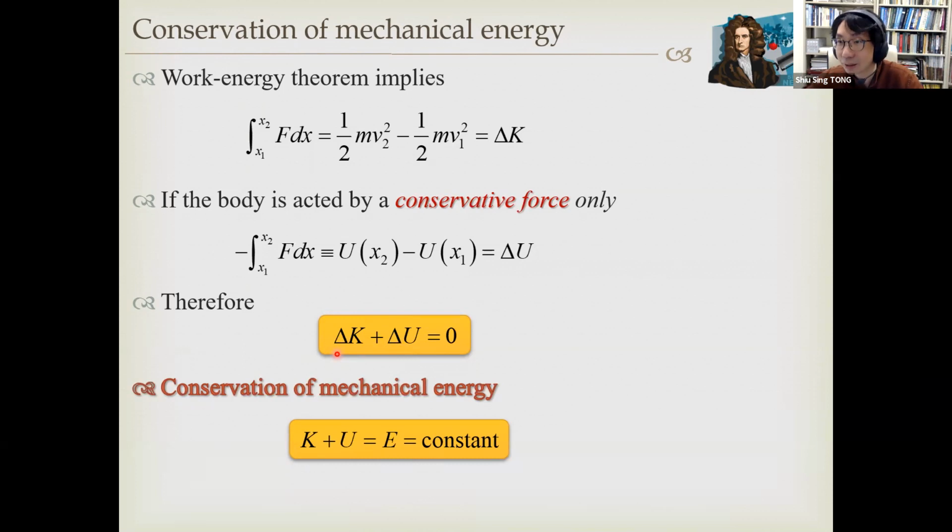There is just no change in the sum of K plus U. And so the total mechanical energy of the system, which is K plus U, is equal to a constant. And that means total energy is conserved. The mechanical energy, which consists of the sum of potential energy and kinetic energy, is conserved. Okay.